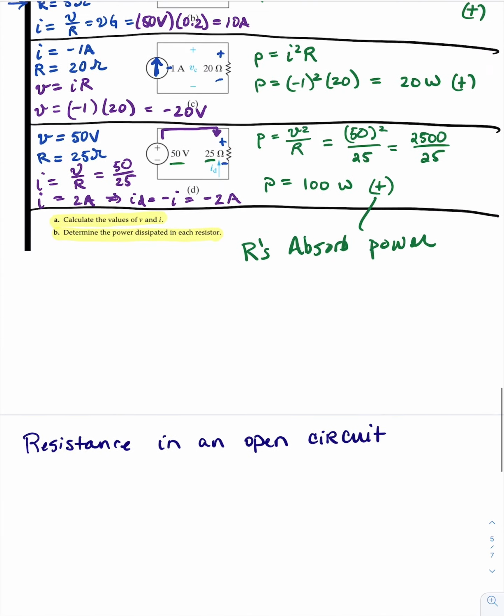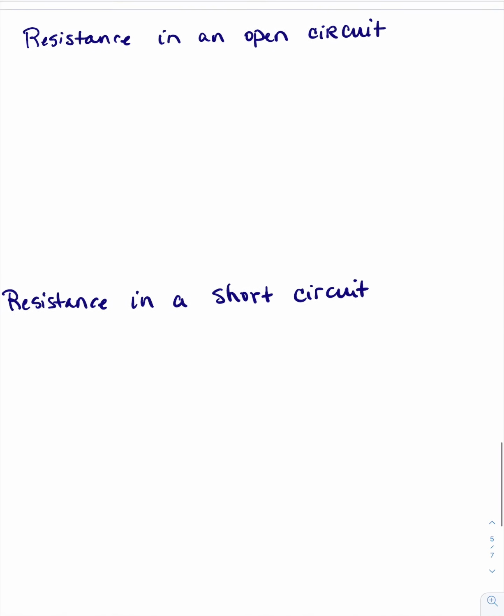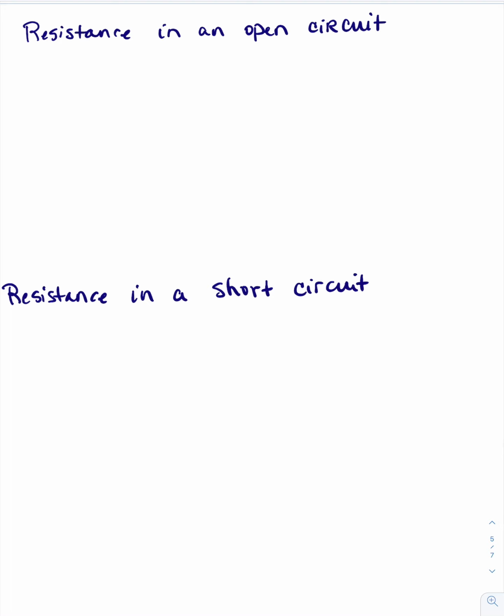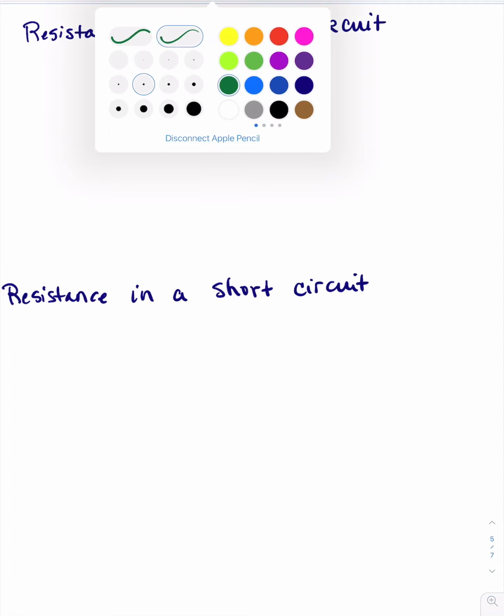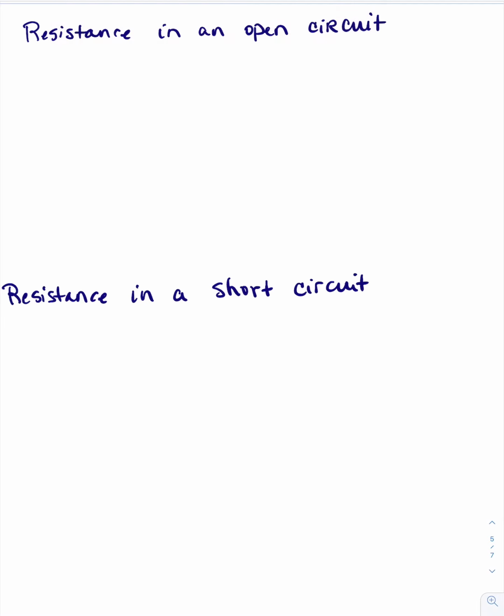All right, let's talk about resistance in an open circuit and resistance in a short circuit, and what that means. Let's go with this color. Let's say that we have a circuit with a power source and a load resistor here.